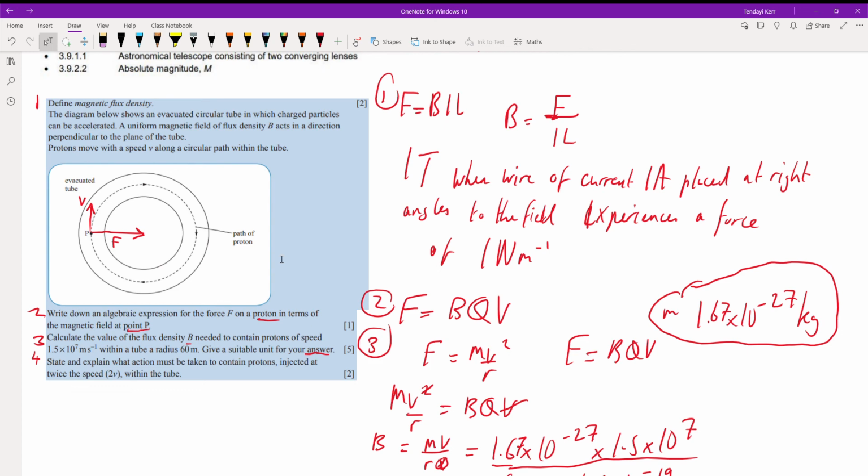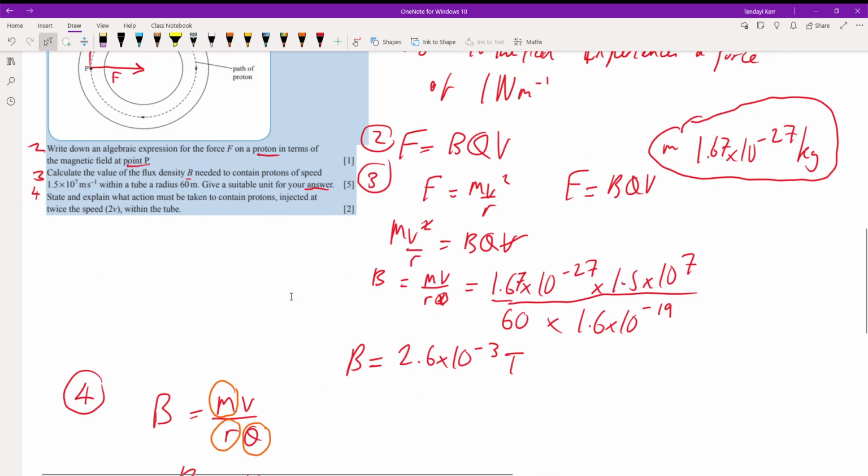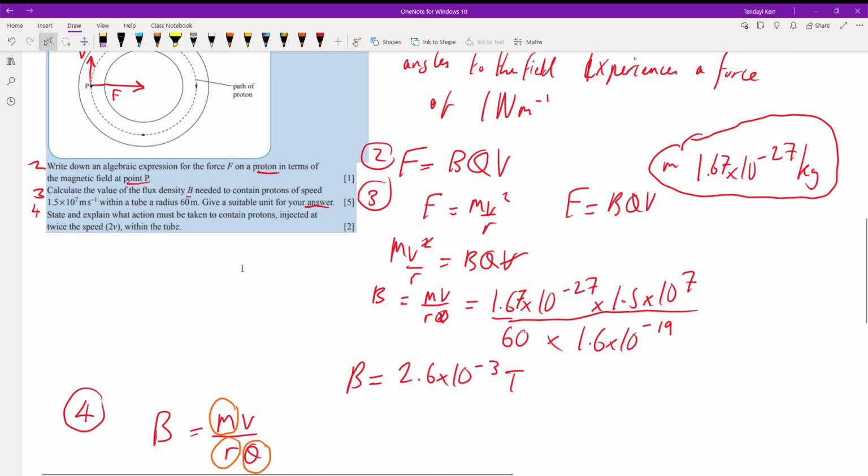So that is a typical question that we'd have for magnetic fields. It has the definition in the first part, the expressions that you usually have to do, and the explanation at the end. So with these state and explain questions, or describe what's happening, you're usually looking back at this relationship.